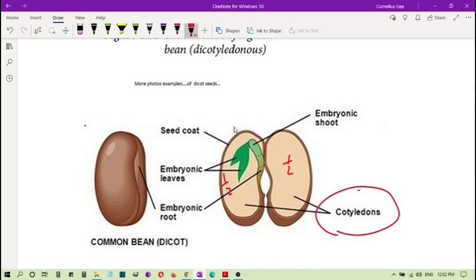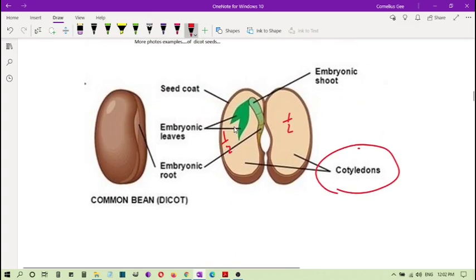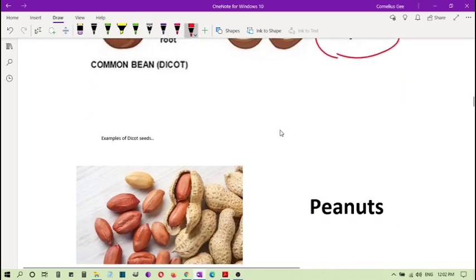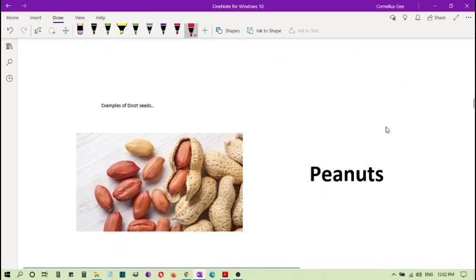Now, I want to show you first the examples of dicot seeds. Peanuts, for example, are dicotyledon seeds. I think you have experienced it before. If you open a peanut, you can even find the embryo inside.